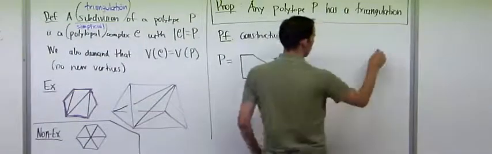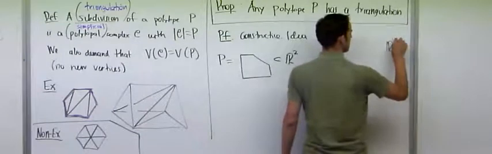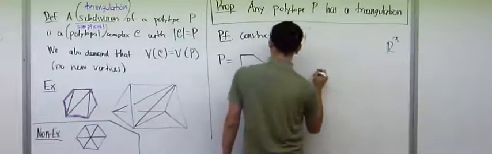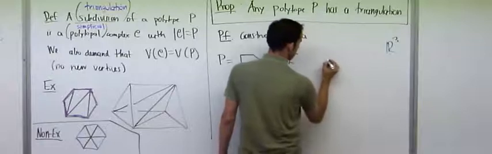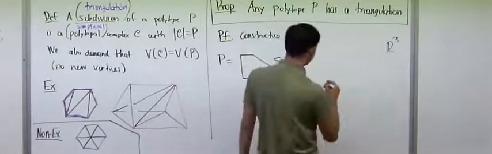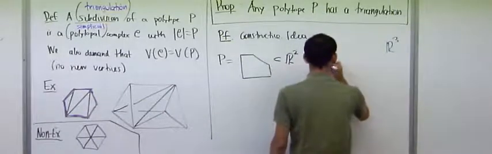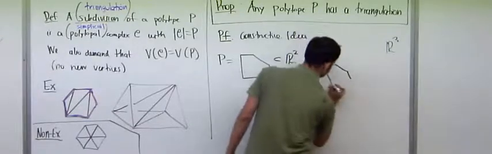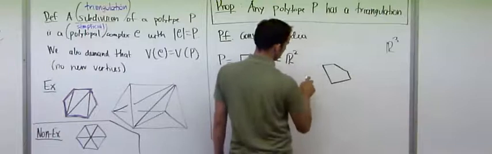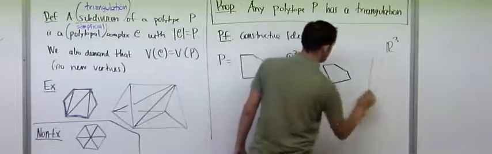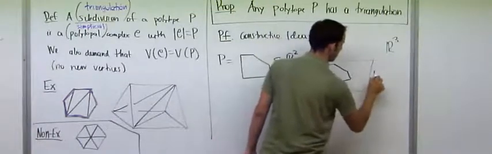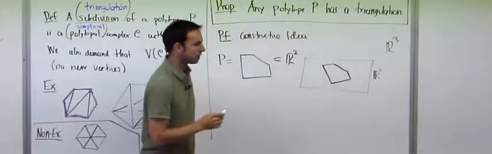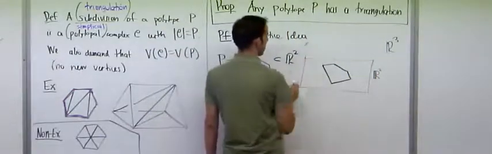And now I'm going to move to three-dimensional space, and I'm going to take my polytope. This is hard to draw, but I'm going to do my best. My polytope is now living on a plane inside R3. These are two of the three dimensions, but I have a third dimension.